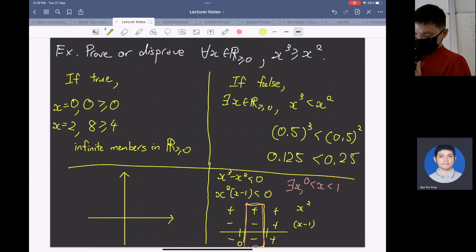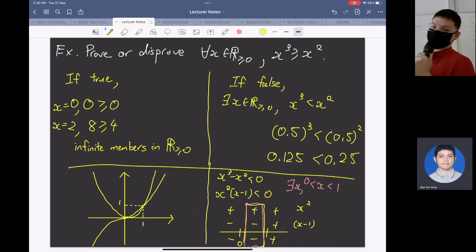So x cubed is something like this, and x squared is like this. Better? Yeah, better. So this one is higher, and then they pass through and go like this. So this line here is 1.